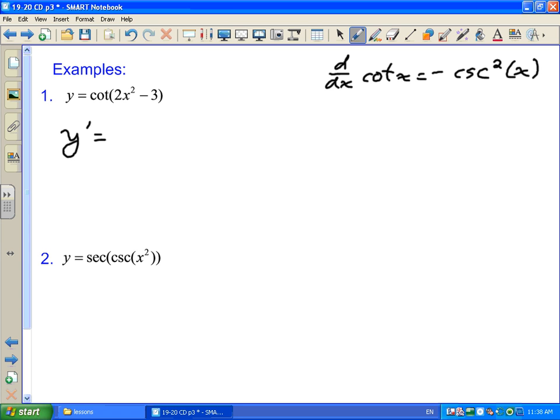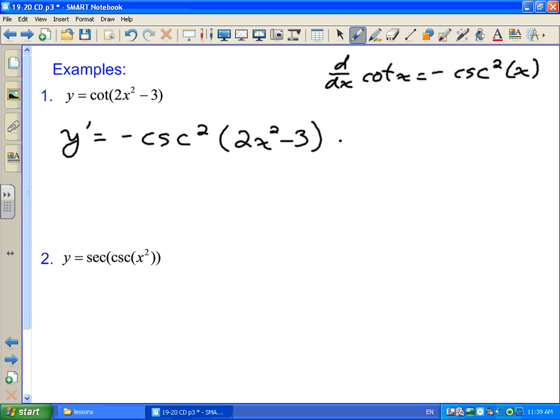Okay. So how do we apply that here? Well, let's see. We need negative cosecant squared of whatever we have as the argument of that cotangent function. So we're taking the cotangent of 2x squared minus 3. So we want to have cosecant squared of 2x squared minus 3. And then because this is the chain rule, we want to multiply by the derivative of what's inside.